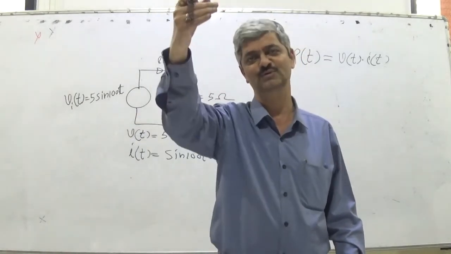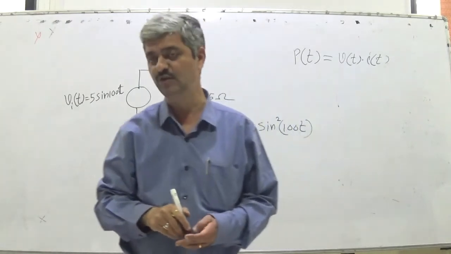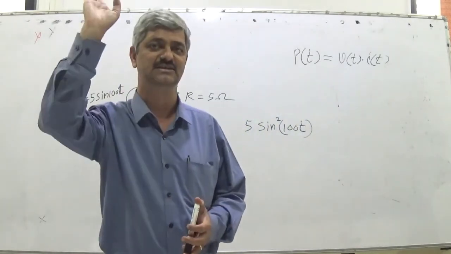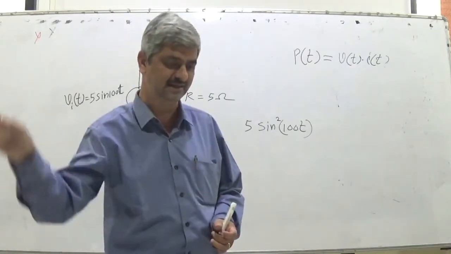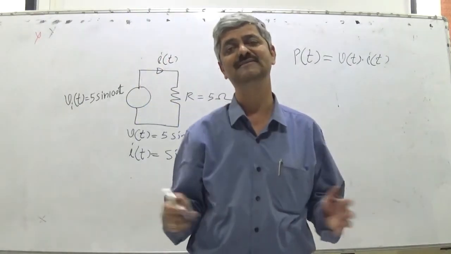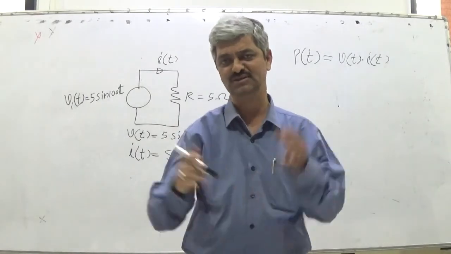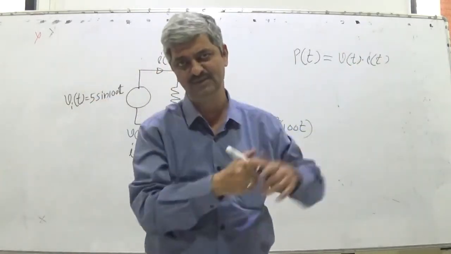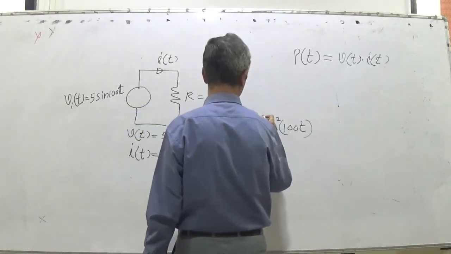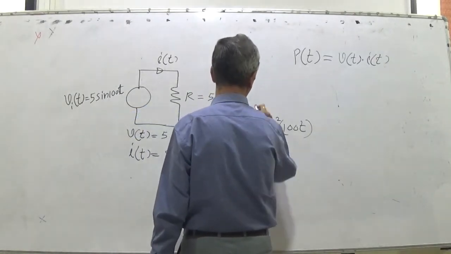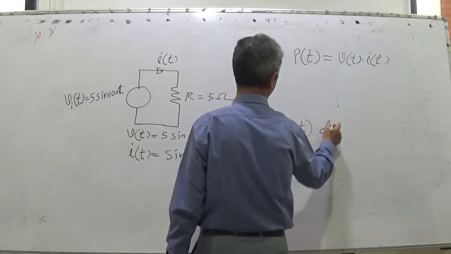So sine square is always positive, so energy is always consumed, dissipated, in a resistance. And what is the total energy? Over a cycle, because after a cycle everything will repeat. So you can integrate it from 0 to 2 pi dt.